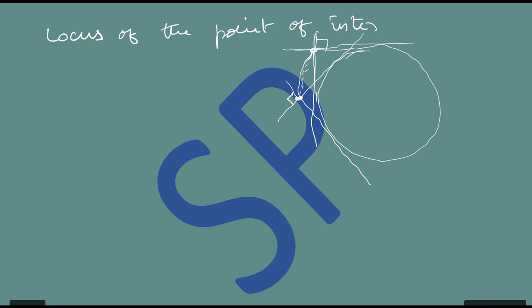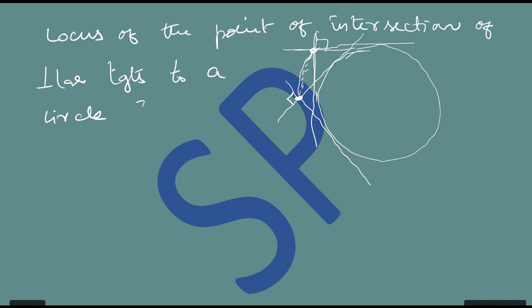What locus? Locus of the point of intersection of perpendicular tangents to a circle, C, is called its director circle.